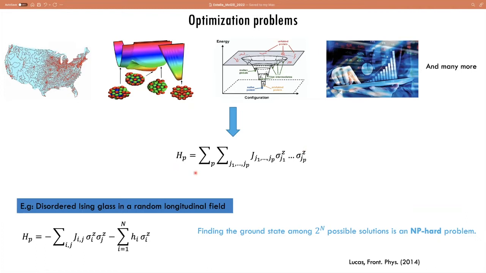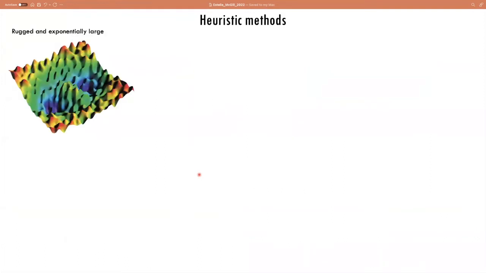As a physicist, it's intuitive to view this energy functional as a landscape. For a hard problem, it usually has an exponentially large number of minima. Solving the optimization problem means finding the deepest valley in the landscape, or for an approximate solution, a low-lying valley.